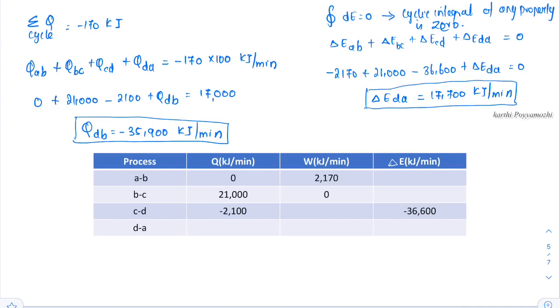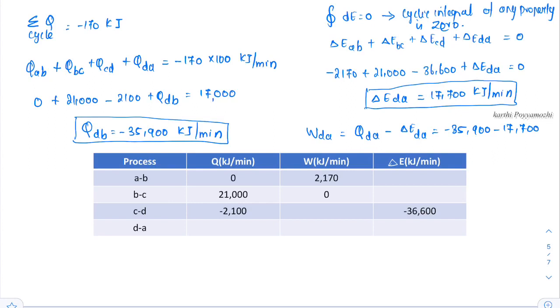From this, you can find the work done for the process dA. W of dA will be equal to Q of dA minus del E of dA, which is equal to minus 35,900 minus 17,700.